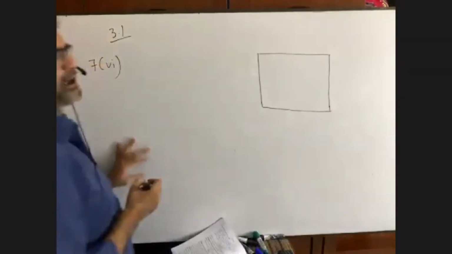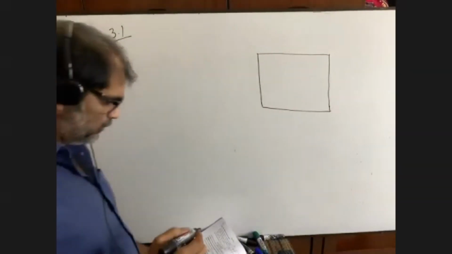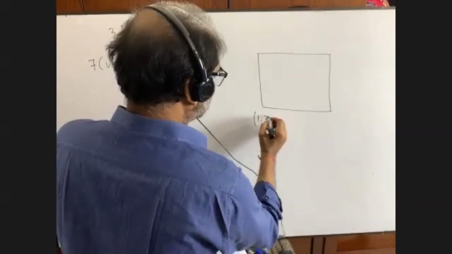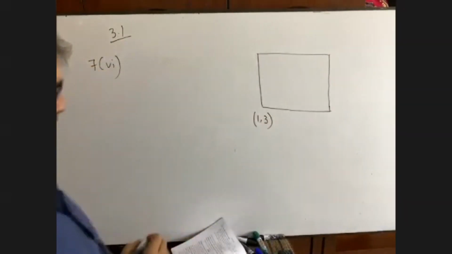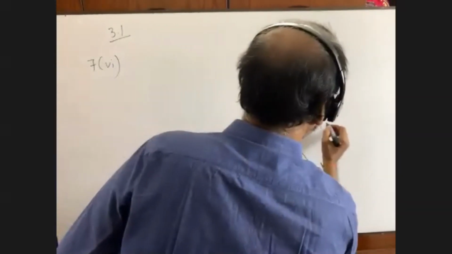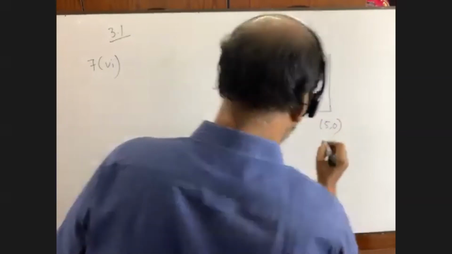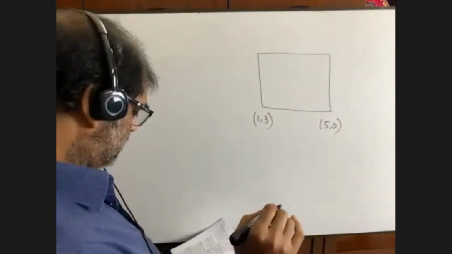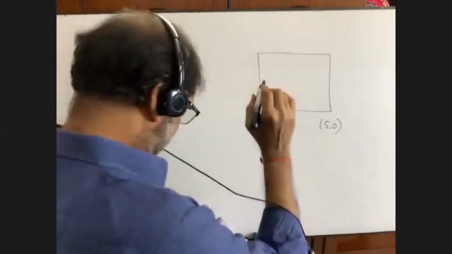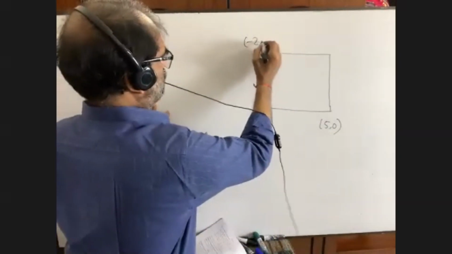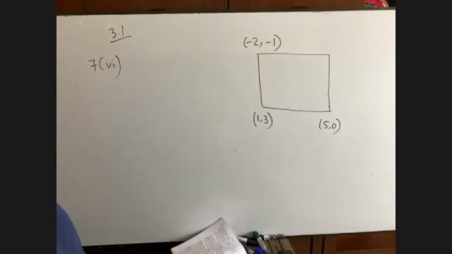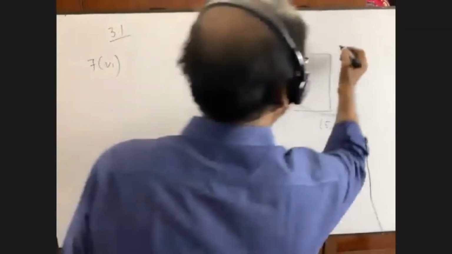For a while, we think it is a square. It is 1, 3. It is 5, 0. Suppose it is -2, -1. Suppose it is given. Now, can you please let me know what will be this point?